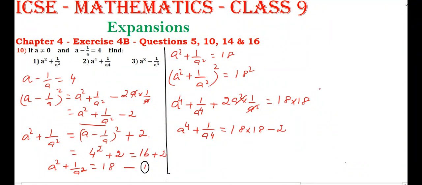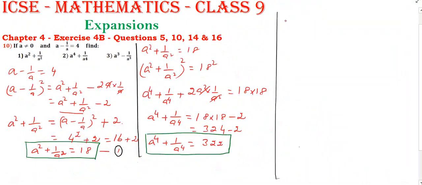So now 18 into 18 we can calculate, it's 324. So 324 minus 2. So a power 4 plus 1 by a power 4 equals 322. This is the second answer. We got two answers. So now the final one is a cube minus 1 by a cube.